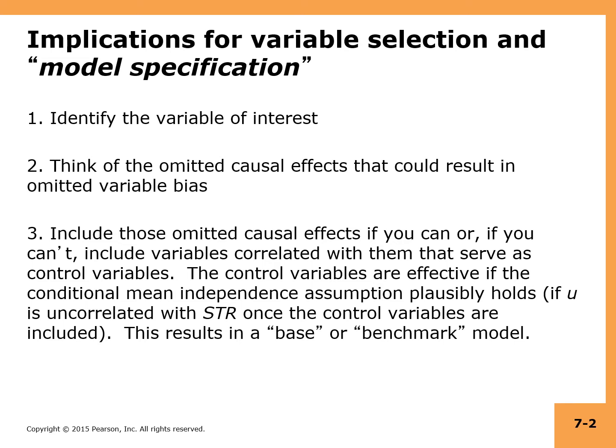And if you cannot include the variable directly, then include another variable that is correlated with the omitted variable to serve as a control variable. A control variable is effective if, once it's included, the omitted variable bias no longer exists. This model would be called a base model or benchmark model.